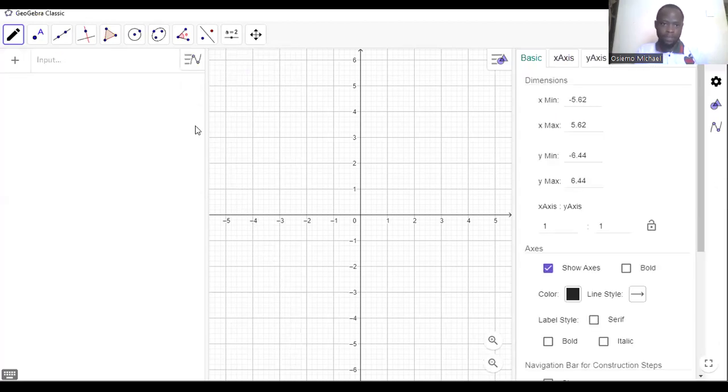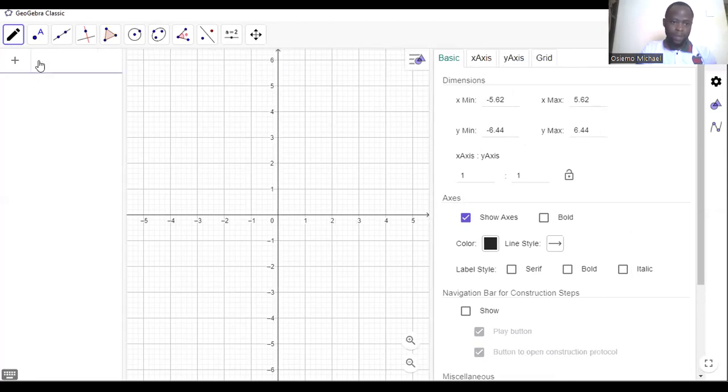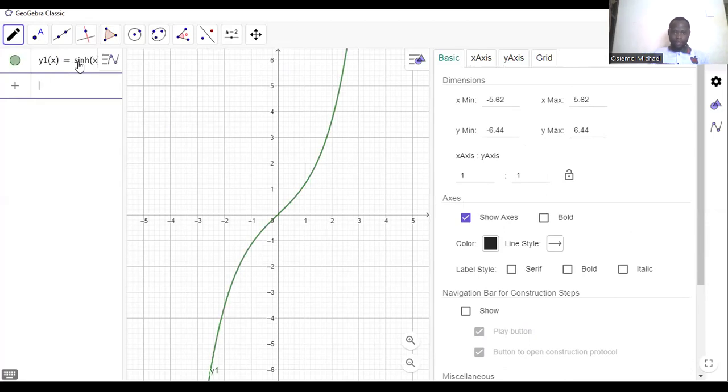Then now you can have number 1, y1 is equal to sine hyperbolic of x, and see how it looks like.